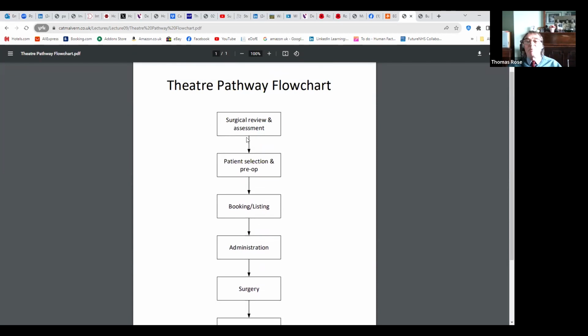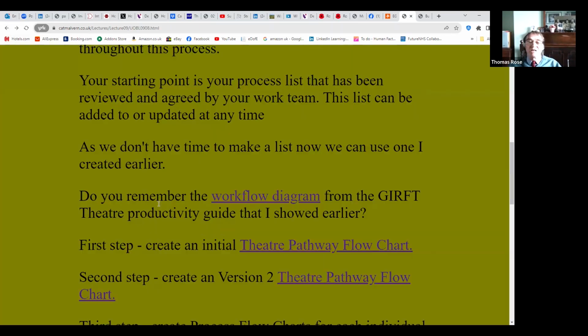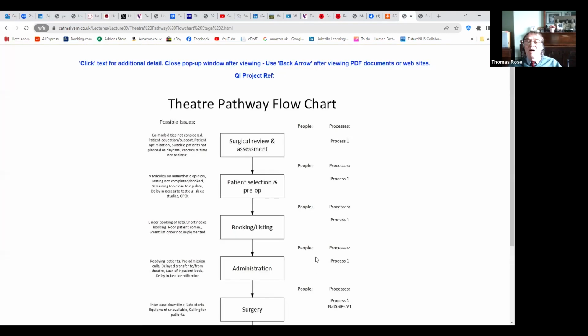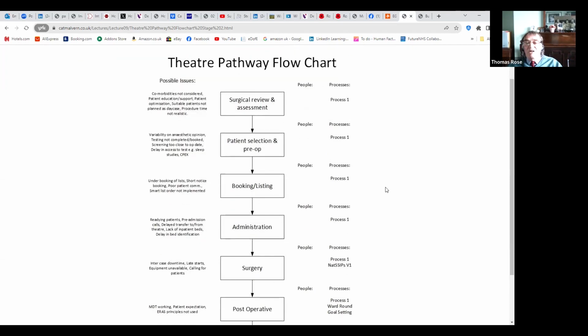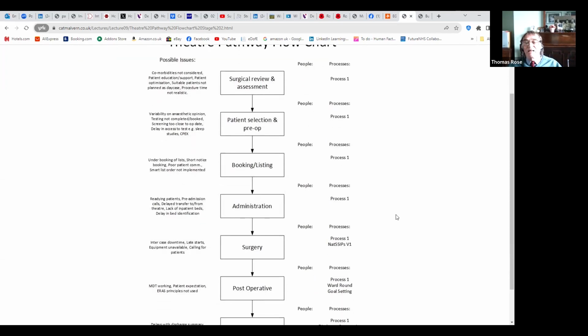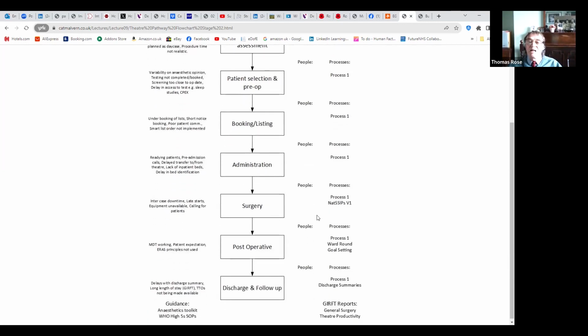There might be several processes within each one of those boxes. And then you go from that diagram to a more detailed diagram where you've actually identified some processes. I use a lot of hyperlinking for my diagrams, and it makes things a lot easier. When you've got several processes there, you can link them in.